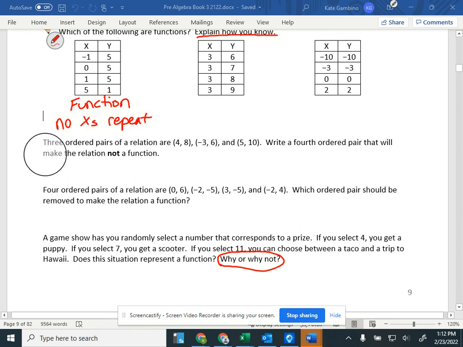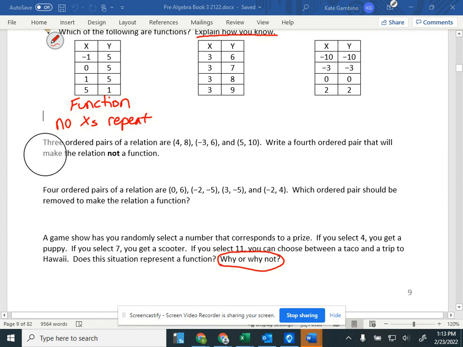Does anybody have any questions on function or not a function? And I'm going to reiterate what I say all the time. Do not just write down what other people at your table are writing down. One, you might hear them wrong and get it completely wrong. But two, you're not learning it. We are going to be building off of this.